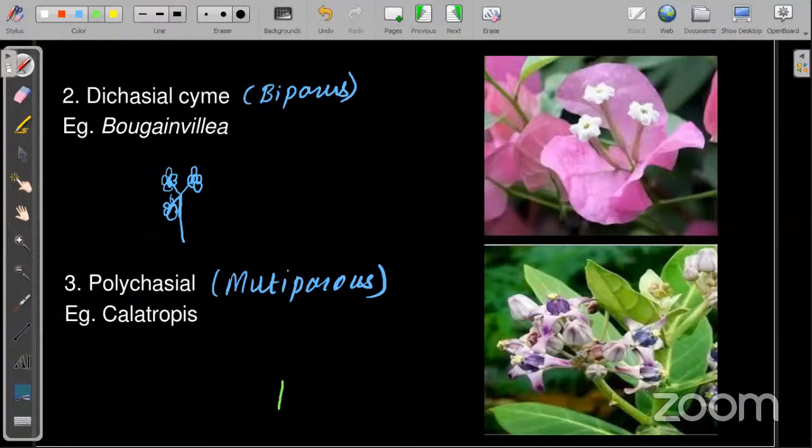That is, the main axis develops into one flower, and at the same time other flowers develop on the lateral side like that. Other flowers develop here like that. So that is known as the multiparous.